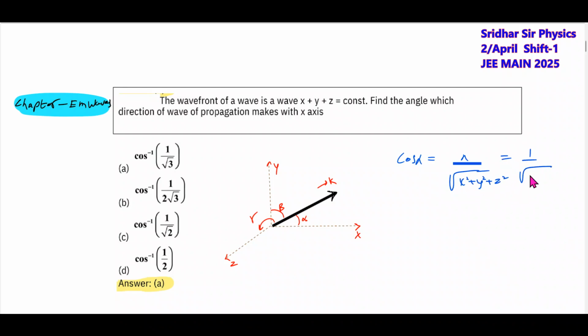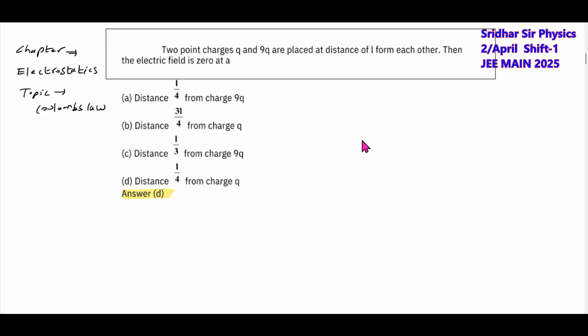This will be 1 by root of 1 square plus 1 square plus 1 square, so 1 by root 3, because he has given x plus y plus z equal to constant. A simple, no concept, nothing, just the propagation constant here. The direction in which the wave is propagating. This is propagation constant. He has given some wavefront like this, so there's a method. We take the next question.